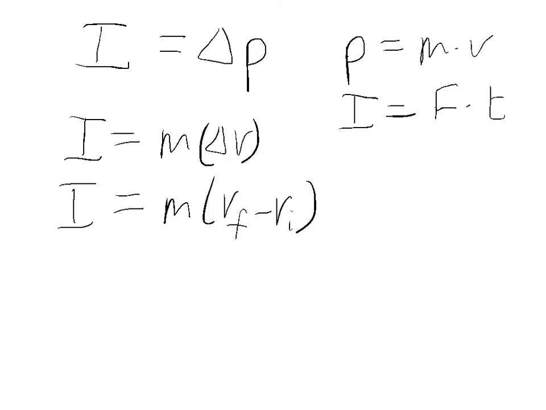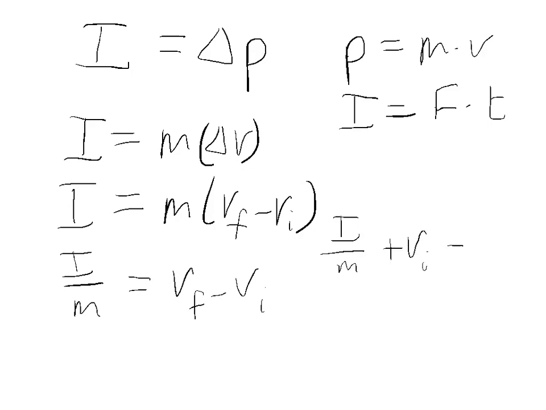So if we're going to solve for final velocity, you would divide by mass on both sides. And to solve for final velocity, you would add initial velocity to both sides. So we end up with impulse over mass plus initial velocity is your final velocity.